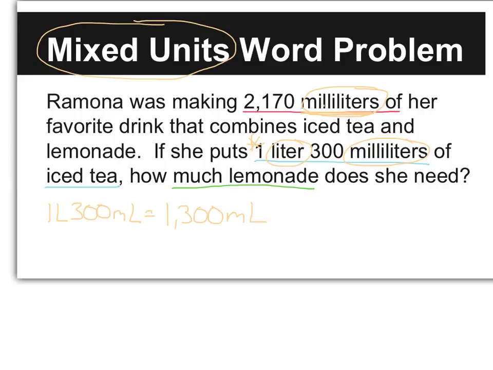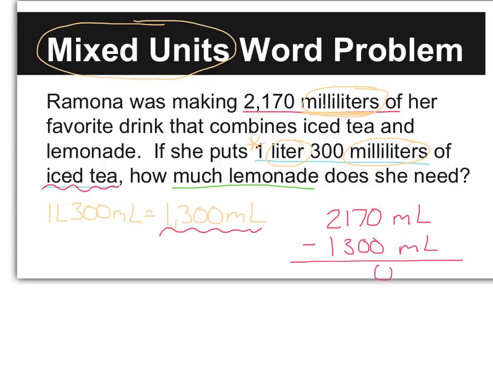How much lemonade? So the amount of lemonade and iced tea together should add up to 2,170. So I think to find my answer, I'm going to subtract. I'm going to take the total amount, 2,170 milliliters, and I'm going to subtract from that the amount that she uses for her iced tea, which I converted right here. So 1,300 milliliters.